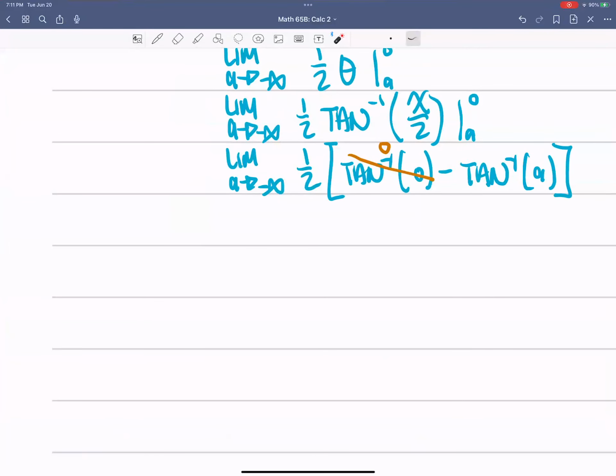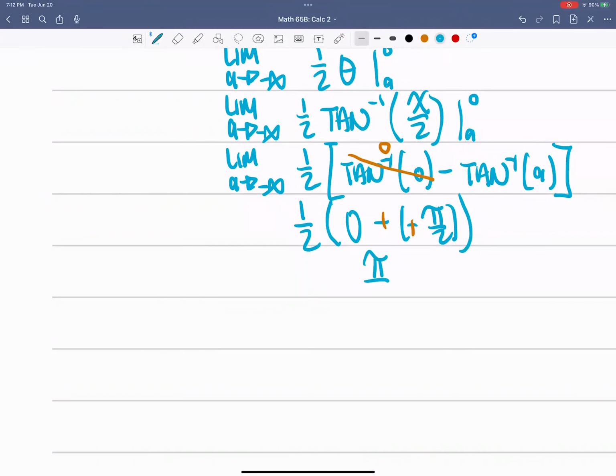So what we have here is 1/2 times 0 minus a negative pi over 2. This ends up being plus, and it converges to pi over 4.